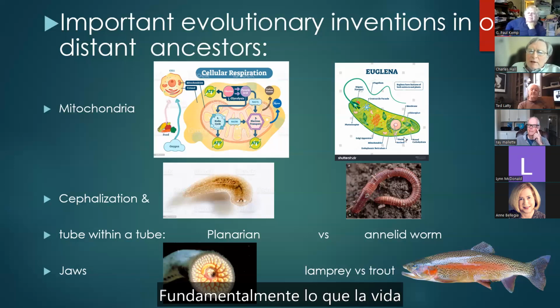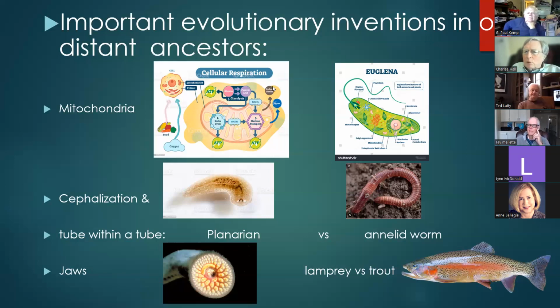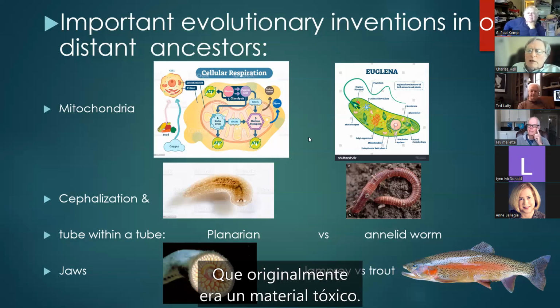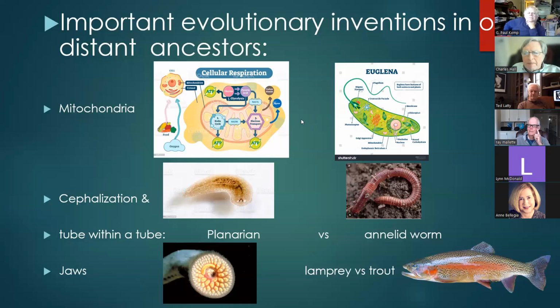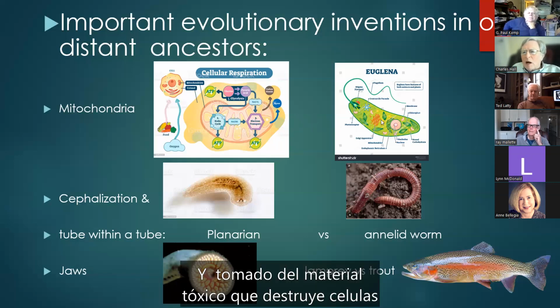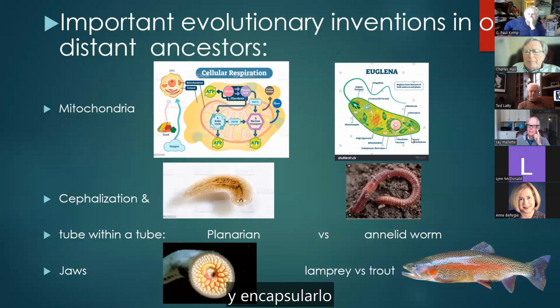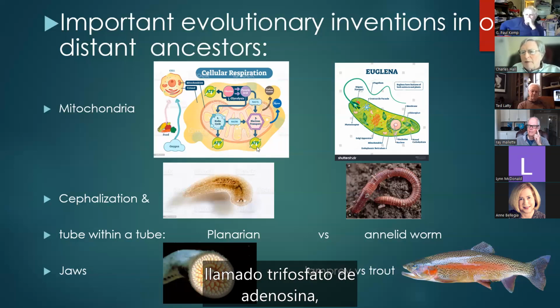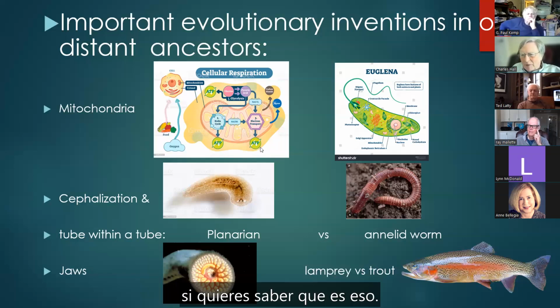But fundamentally, what life learned to do is to take oxygen, which was originally a toxic material that destroyed cells, and encapsulate it in these little mitochondria and use it to oxidize our food and make ATP, which is an energy storage. It's called adenosine triphosphate, if you want to know what that is.